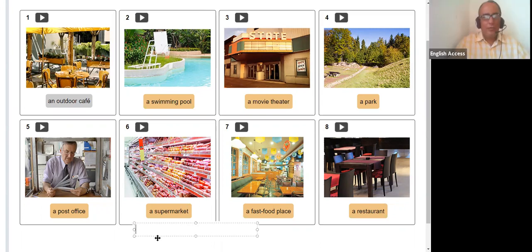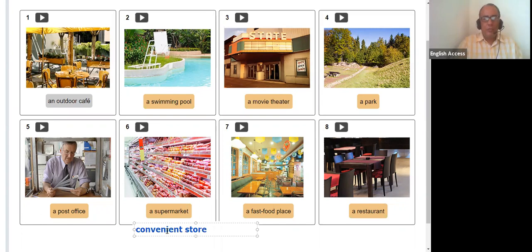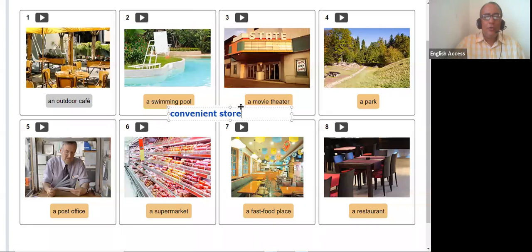Okay. There is another word that I want to show you. A convenience store. Do you know what a convenience store is? Exactly. There is one convenience store that is very, very popular in Acapulco.